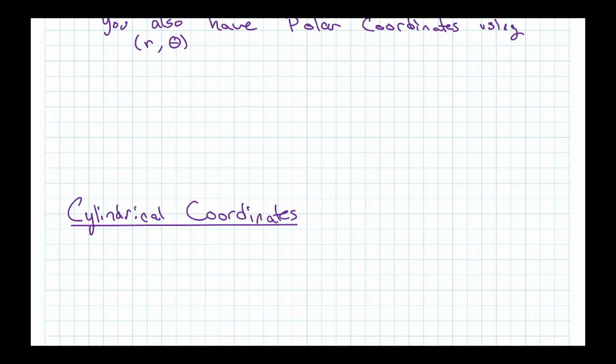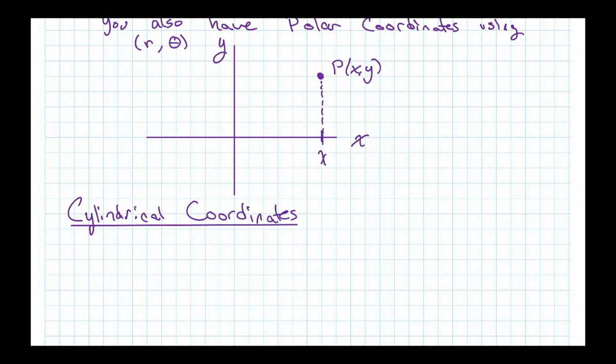So, in two dimensions, you have an X and you have a Y. If I take a point here and call that point XY, you can represent its position by its X coordinate and its Y coordinate.